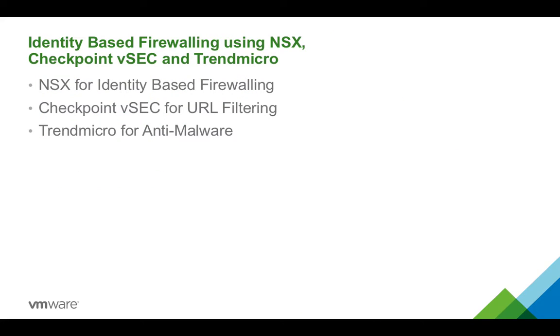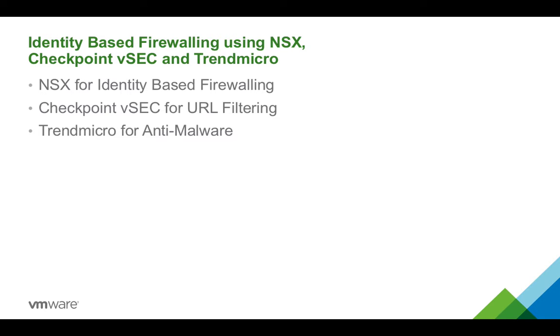All right, so what you just saw is a demo using VMware NSX for Identity Based Firewalling, right? So you can see that for the Horizon VDI, only one single desktop pool is required, and to impose some URL filtering restriction for the contractor access, I use the Checkpoint vSEC to perform some URL filtering, right?